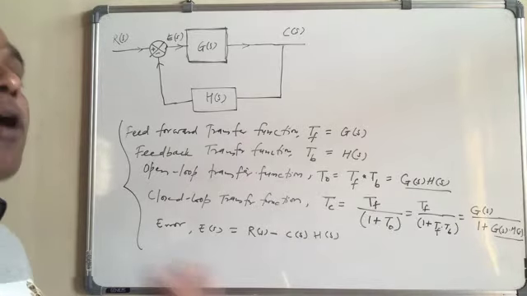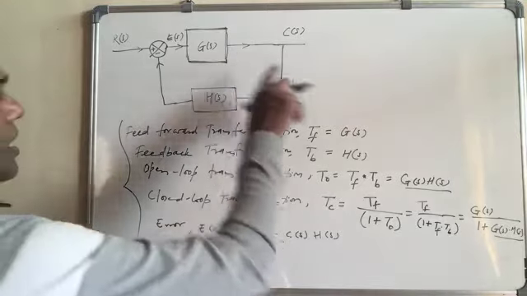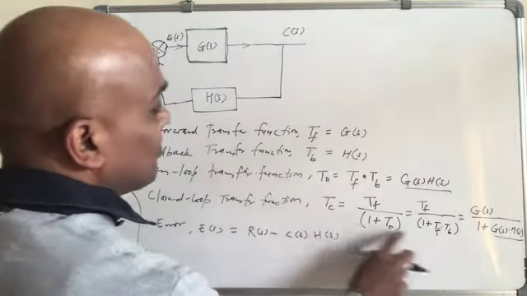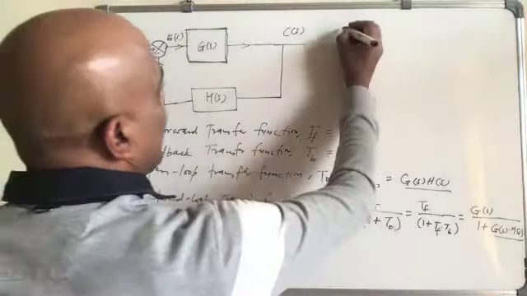Now, for a higher order system, the closed loop transfer function will be like that only.